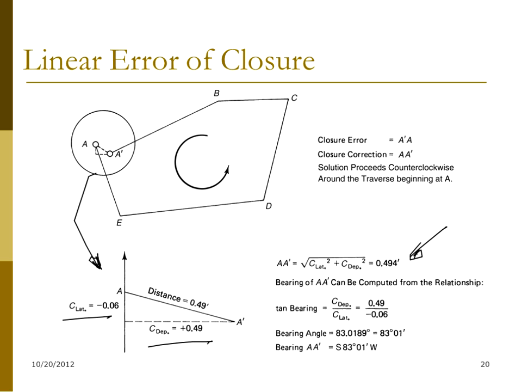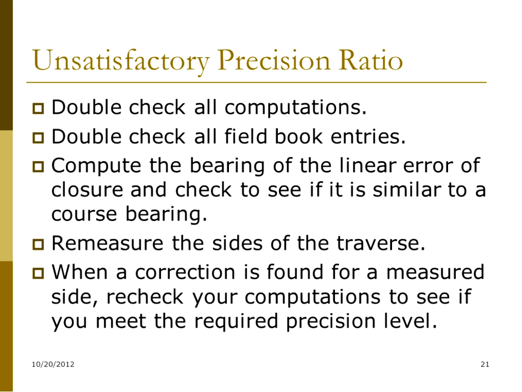You can also calculate the bearing or azimuth of this line so that you know exactly where it is, which they are showing here. But this is our linear error of closure, which is that E calculation we were just looking at.